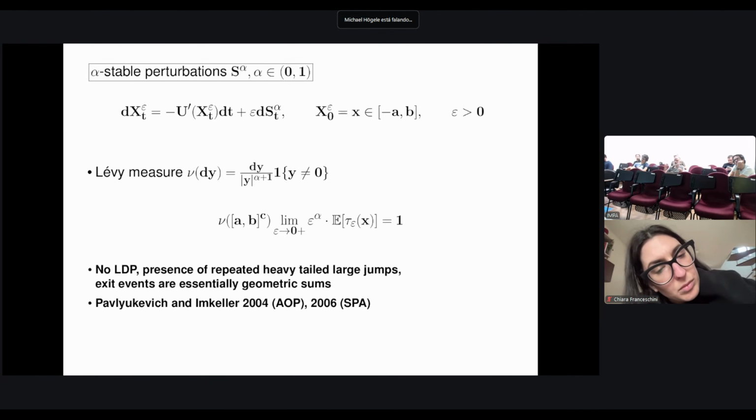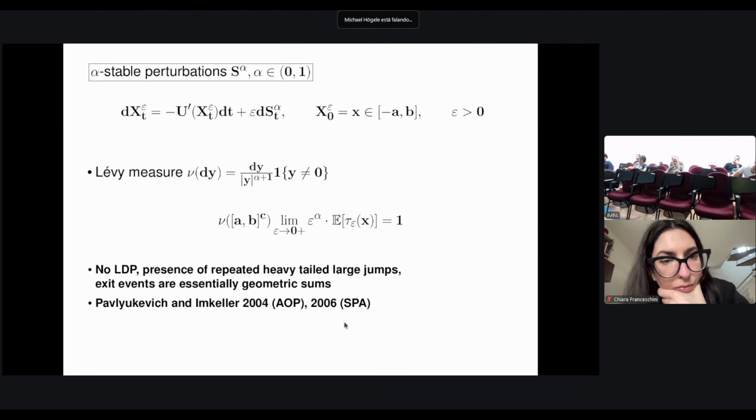Exit events look like this: you start somewhere, then you move close to a local minimum, and you're perturbed, and from time to time there's a big jump which tries to kick you out of the interval. If you don't exit, you just come back, and you remain there for quite some time. You do this back and forth, and what you get essentially is a geometric sum: no, no, no, no, no, until yes, the first exit, which happens by some large jump. Okay, these are the results which are obtained there.